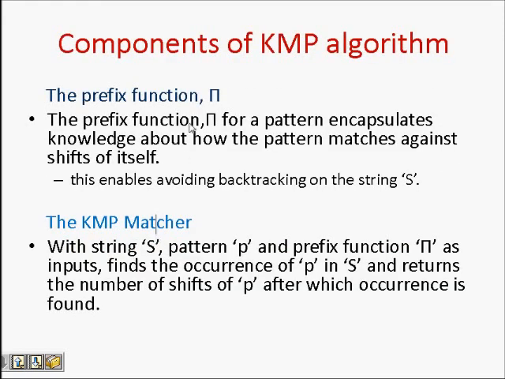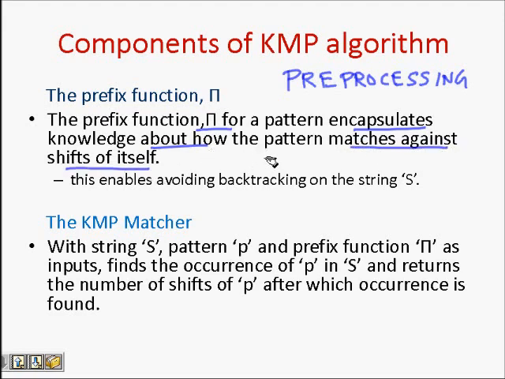For this string matching algorithm, we have a pre-processing step in which we make a vector pi, called the prefix function. For a pattern, it encapsulates knowledge about how the pattern matches against shifts of itself.